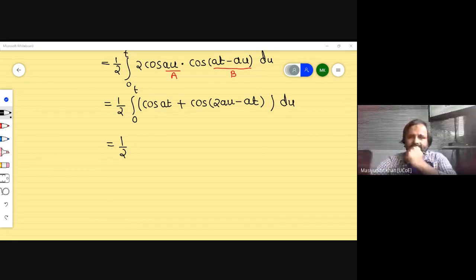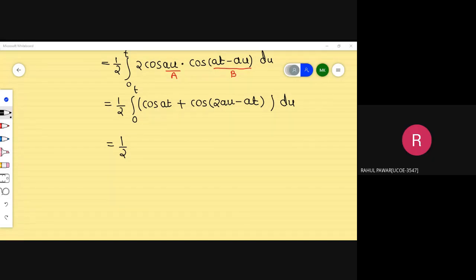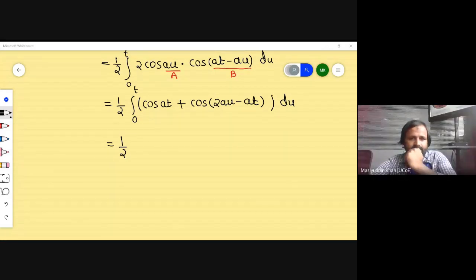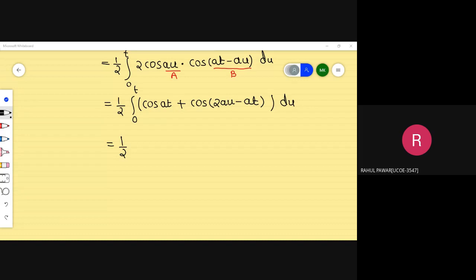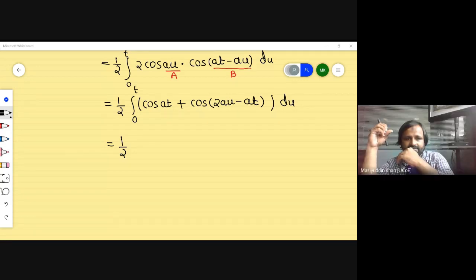Okay. ये जो अपने सामने इंटीग्रेशन रखा हुआ है cos at प्लस cos of 2au माइनस at इंटू du, इसमें cos at का इंटीग्रेशन क्या आएगा? या जो अभी रोशन ने आंसर बताया वो सही है? Same answer we will get or the different?